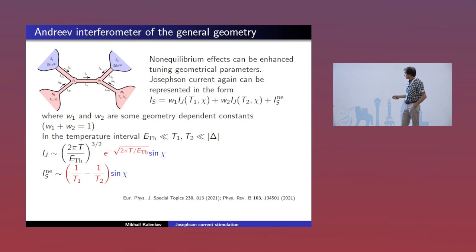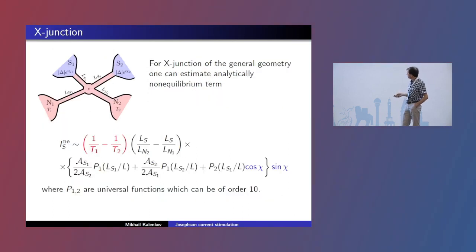And again, we can show that the non-equilibrium contribution has this particular 1 over T dependence, which again can dominate the equilibrium contribution at large enough temperatures.